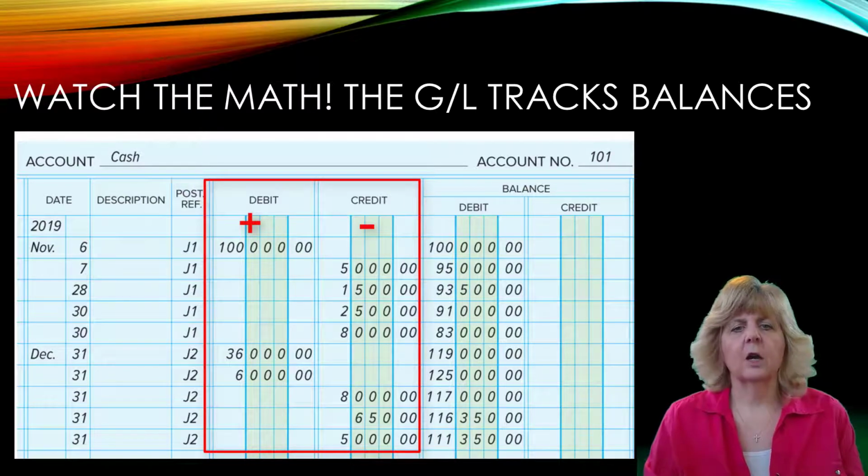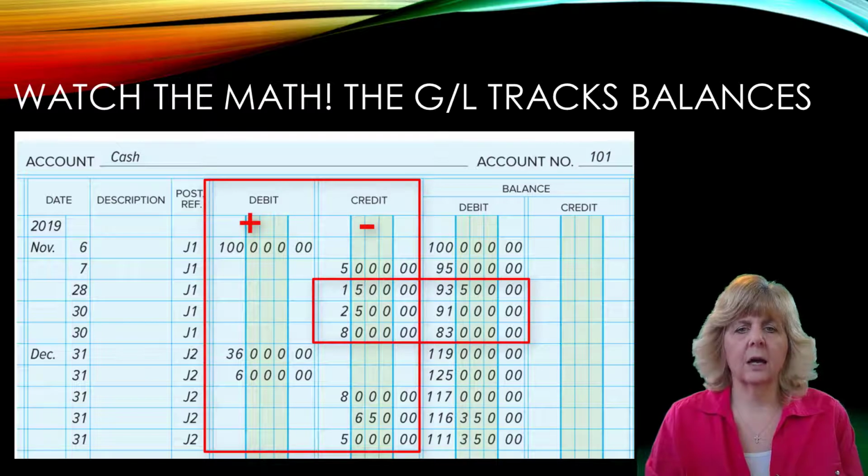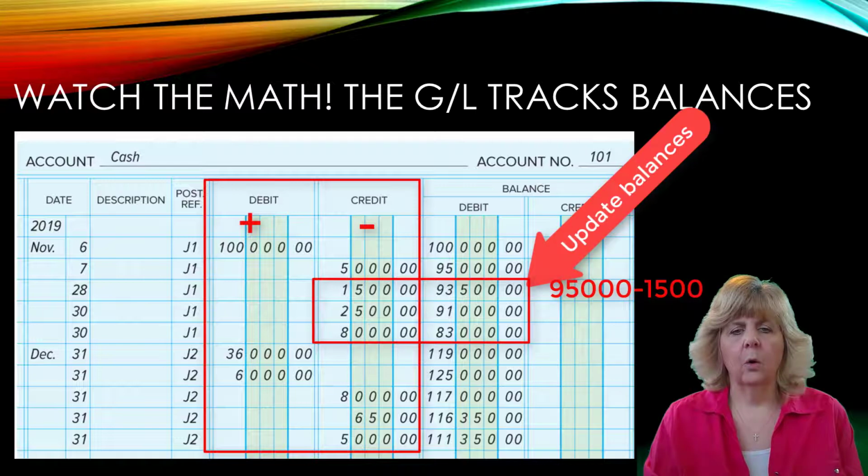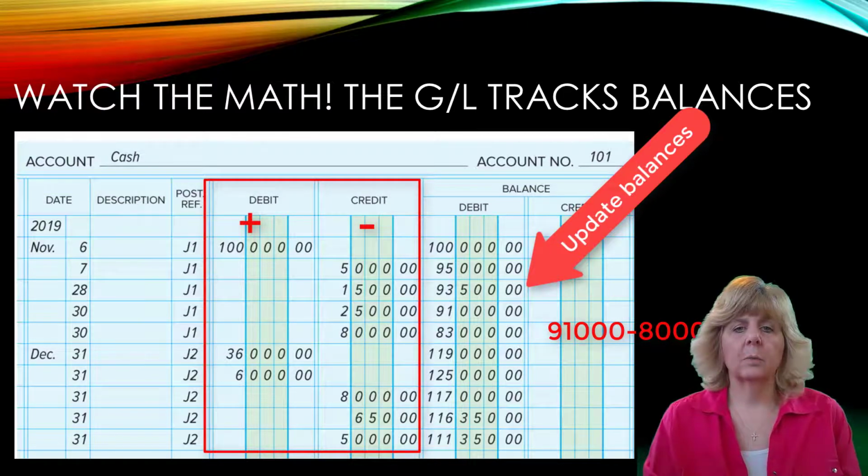After that transaction, there are 3 more credit transactions to cash. One for $1,500, one for $2,500, and one for $8,000. Each one of these credits pull the cash balance down.